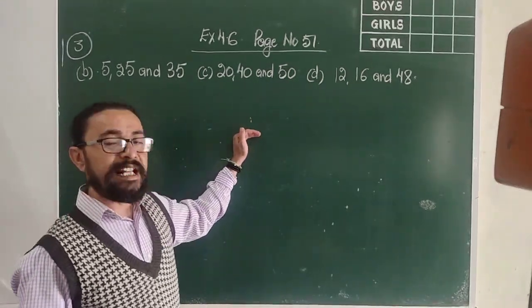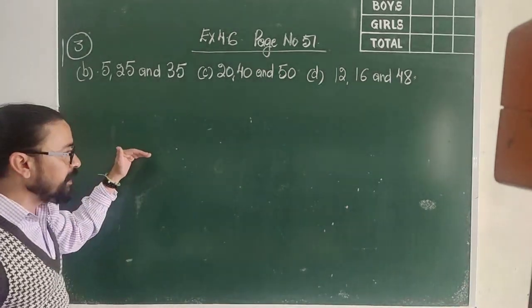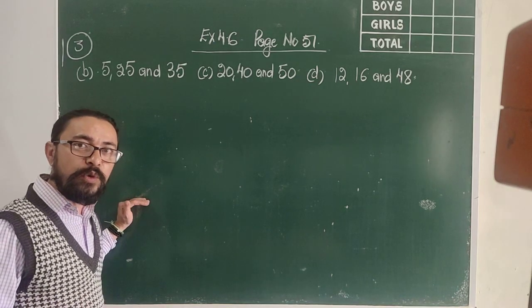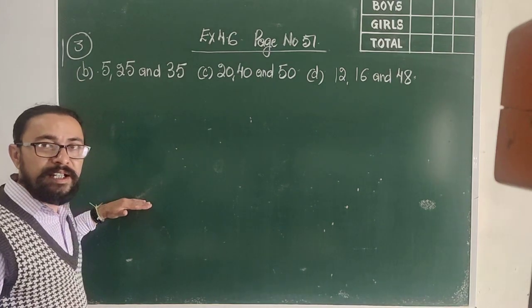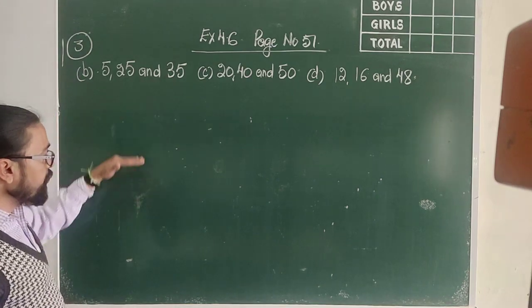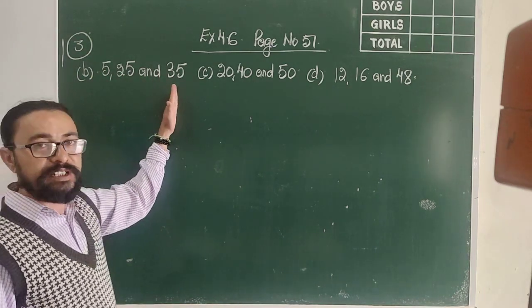But in the LCM case, or the least common multiple, we go on dividing till all numbers are divided and we are left with 1 as the remainder in all of them. So we go on dividing till we get 1, 1, 1: 1 for 5, 1 for 25, 1 for 35.